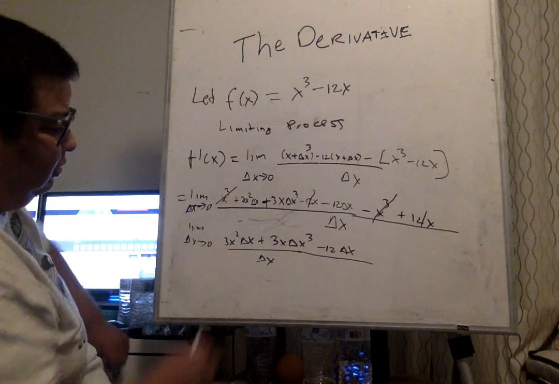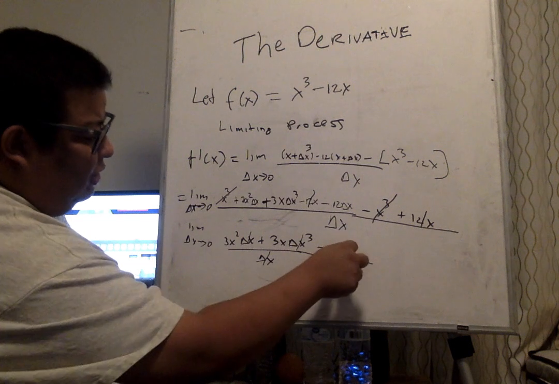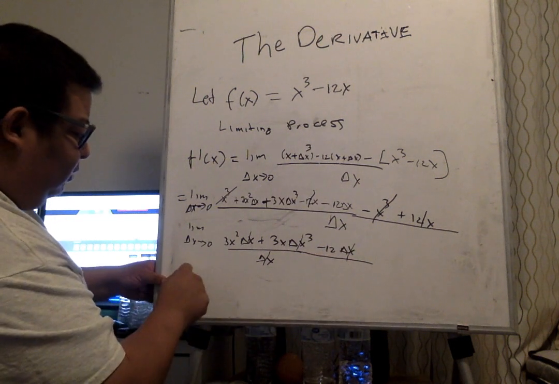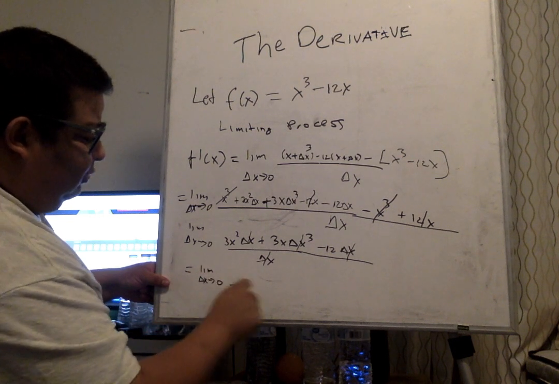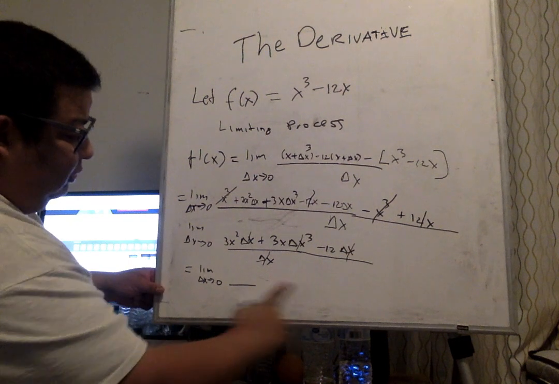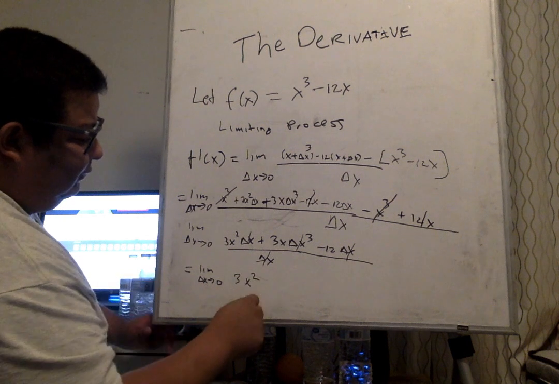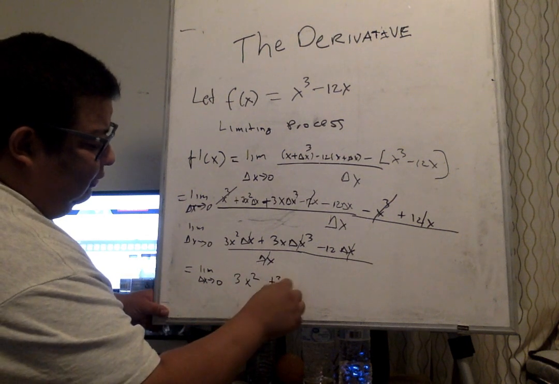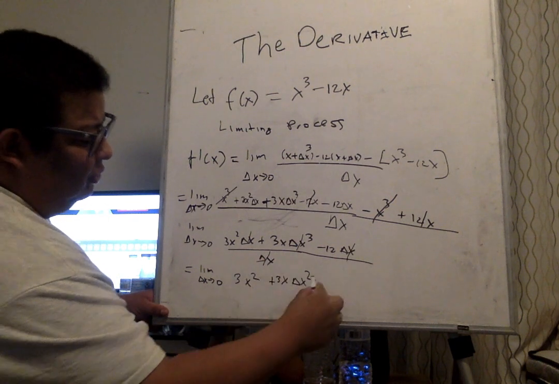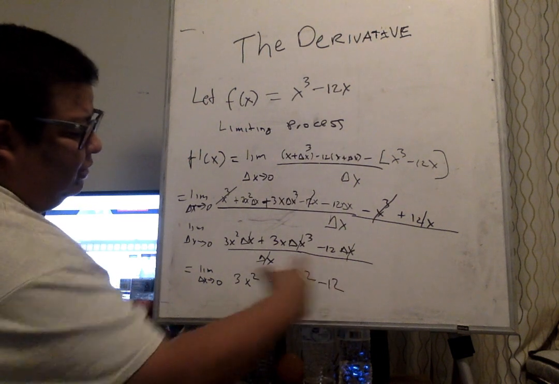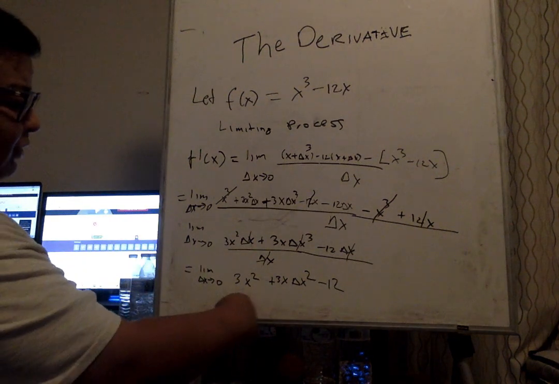So delta x and delta x cancel, and we're left with 3x squared plus 3x delta x plus delta x squared, minus 12. So now the final step is to take the limit of this expression.